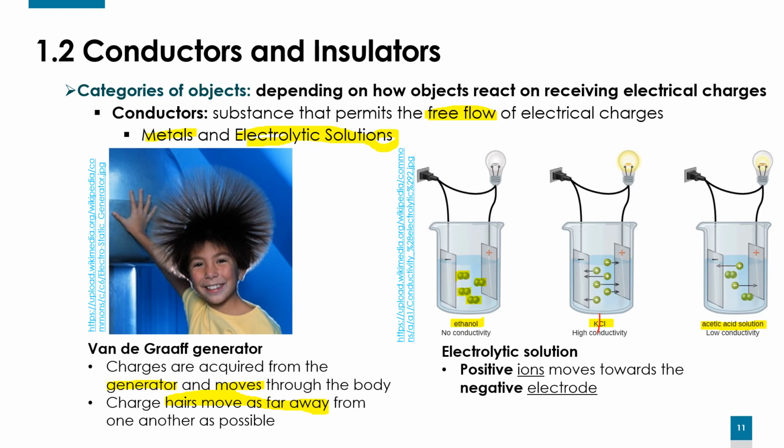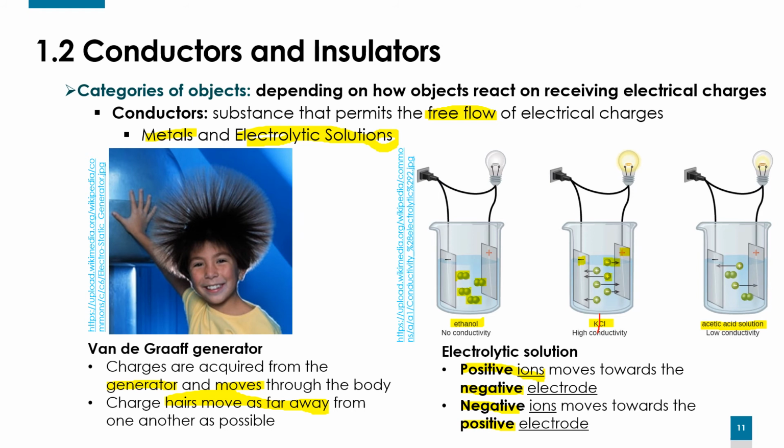So if I create positive and negative charge, what's gonna happen? The different charges move toward each other. The positive K goes to the negative electrode, and the negative Cl goes to the positive electrode. Now I create a current because I'm creating a flow of charge.